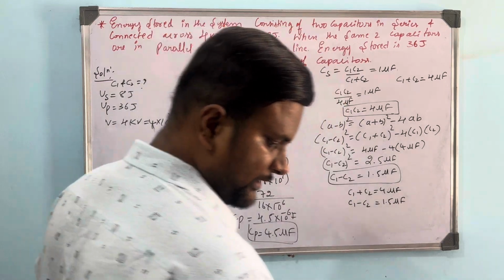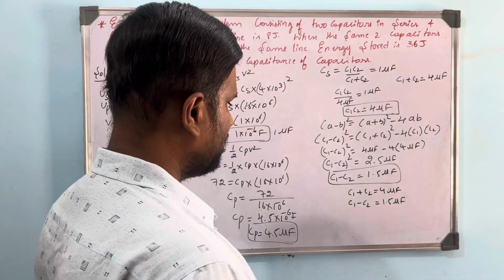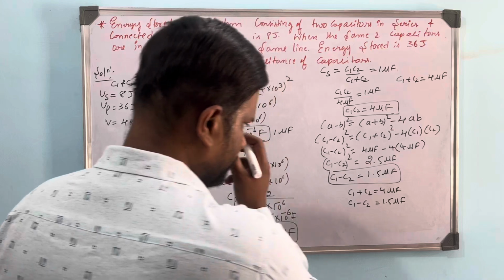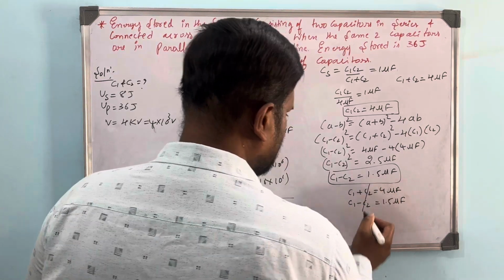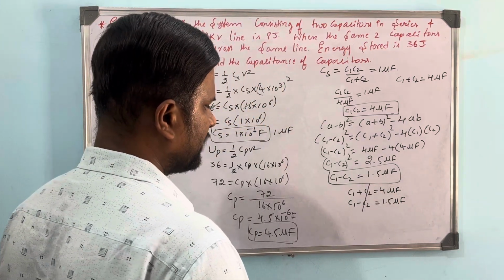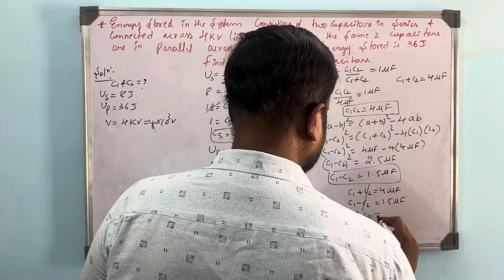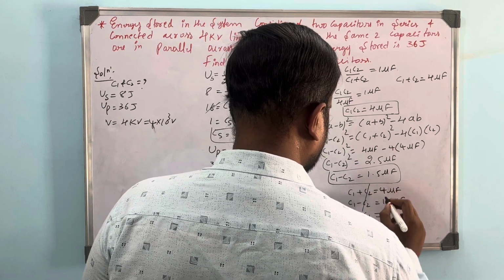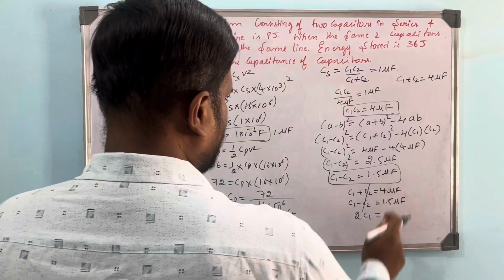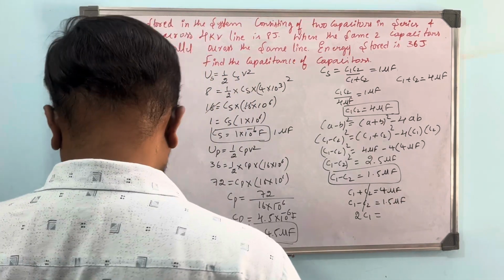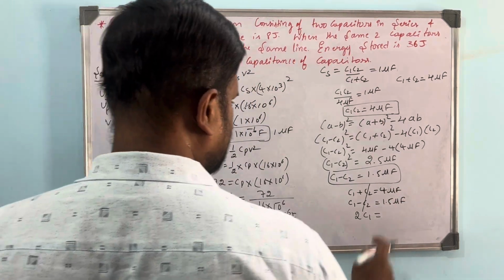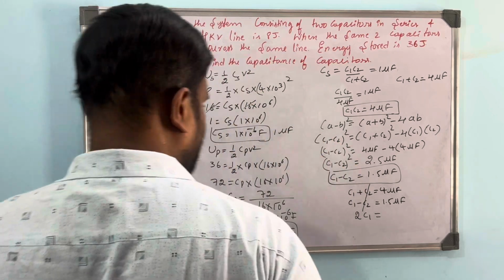So these are simultaneous linear equations. If you add them, plus C2 and minus C2 get cancelled, and C1 and C1 become 2C1.